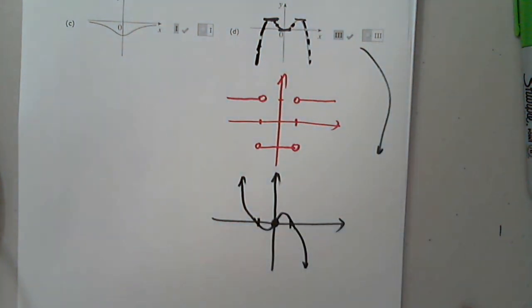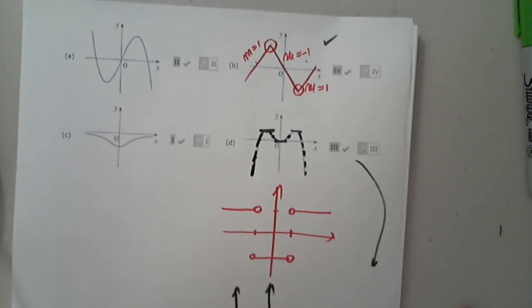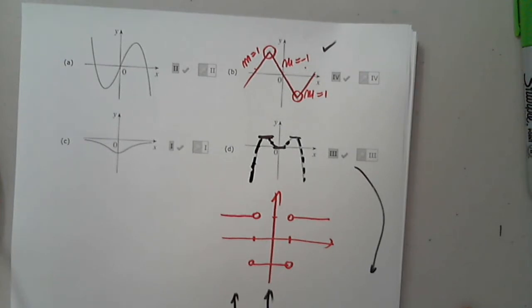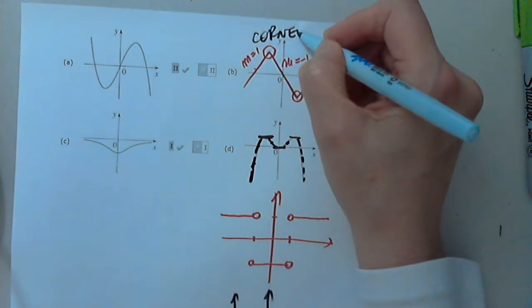Yeah, I get that, but comparing this graph to the graph above that you did, where it had the sharp point, that point is a jump, not a 0. But we know that this is a corner. Yeah, the corner.